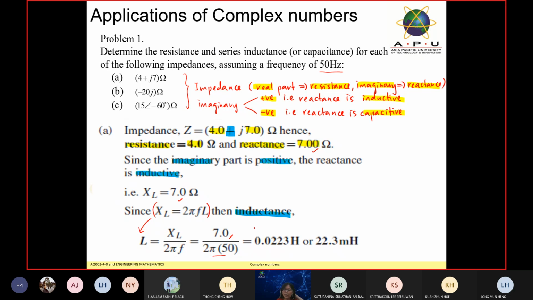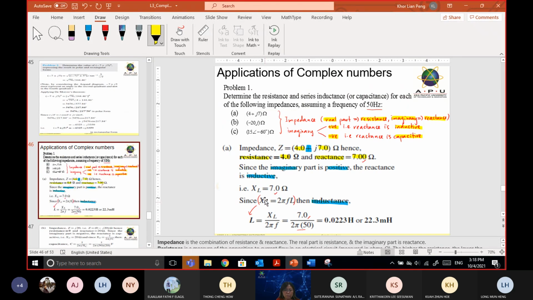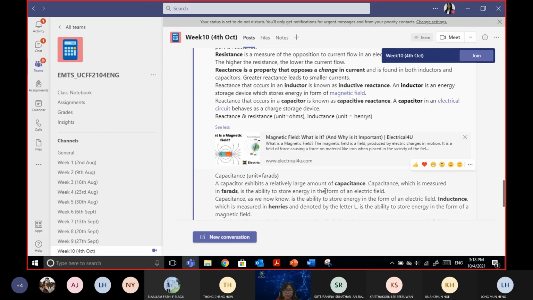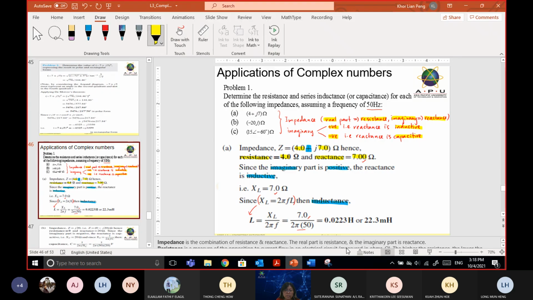In the chat box just now, I also put the unit given for inductance. The unit is henries, with capital H as the notation.